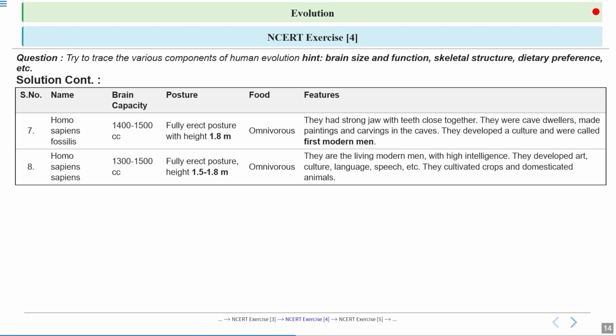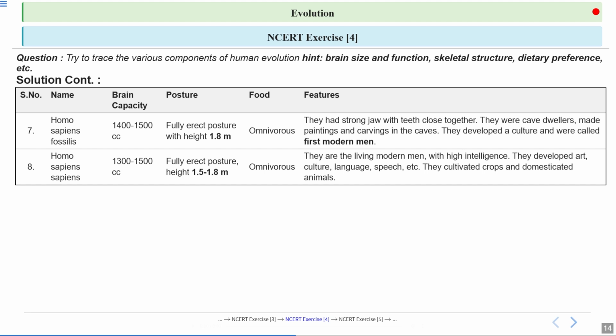Then came the Homo sapiens fossilis. Brain capacity is 1400 to 1500 cc. They were fully erect, with a height of 1.8 meters. They were omnivorous. They had a strong jaw with teeth close together. They were cave dwellers and made paintings and carvings in the caves. You can see some cave paintings even today.